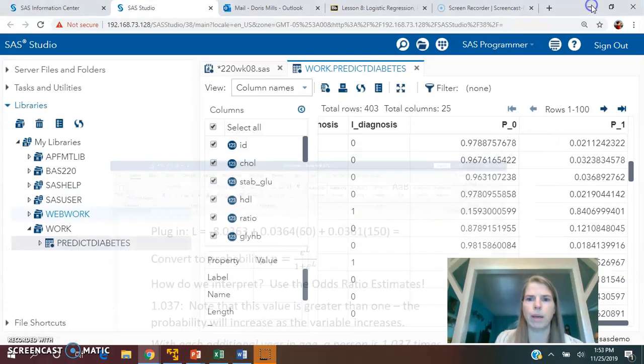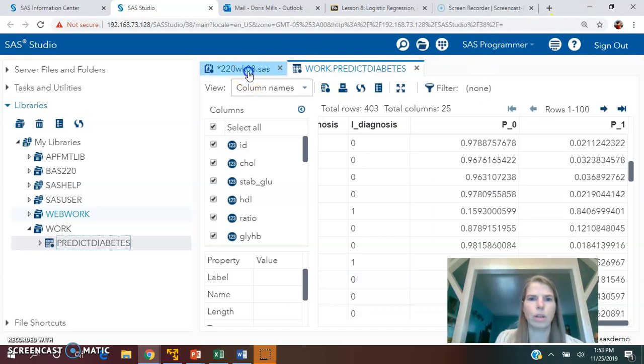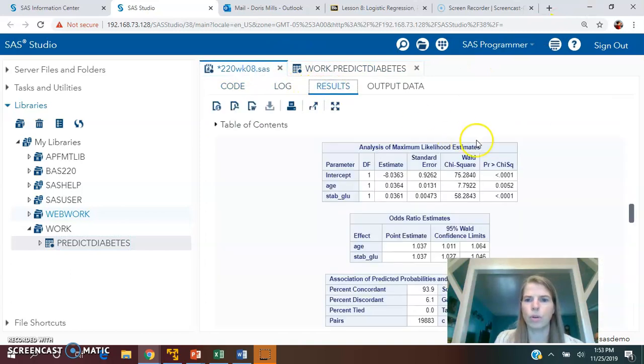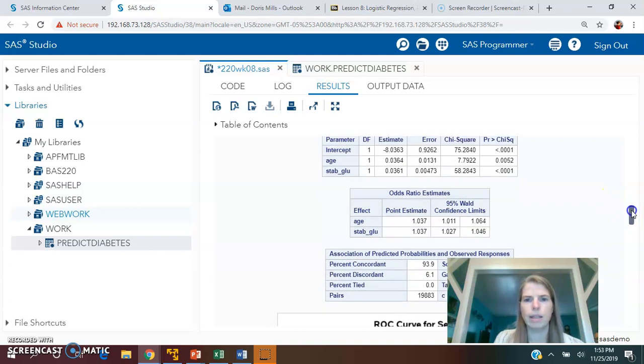Okay, so let me go back to the results and show you that's a different table. Now this example is interesting in that my estimates up above for age and stabilized glucose were very close to each other, so my odds ratio estimates are basically the same.